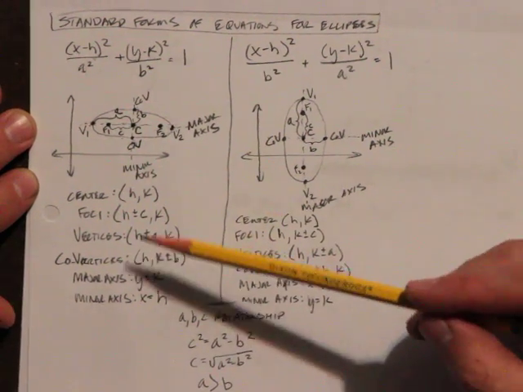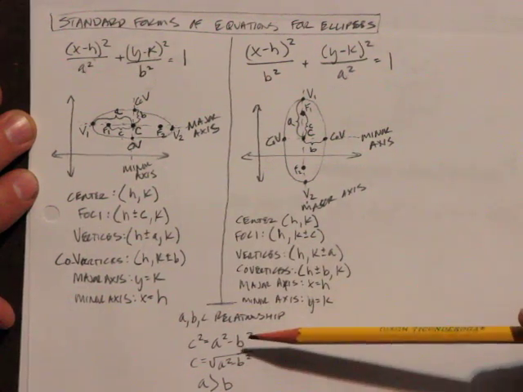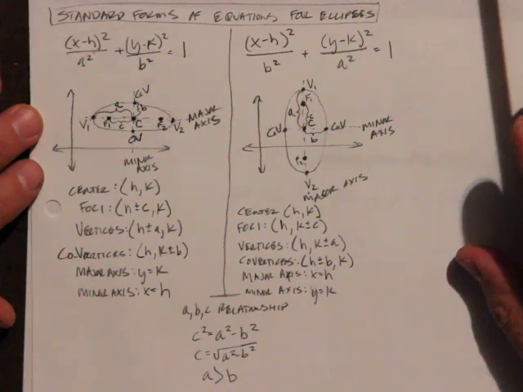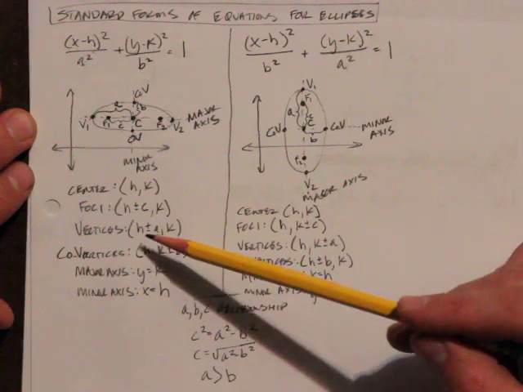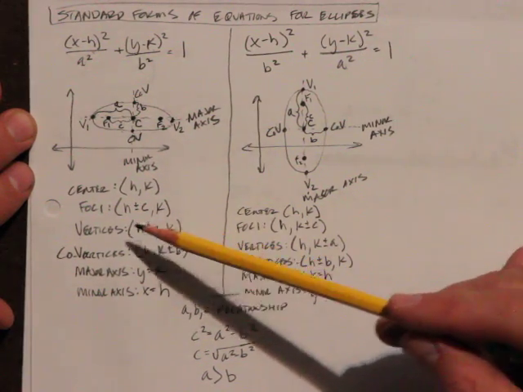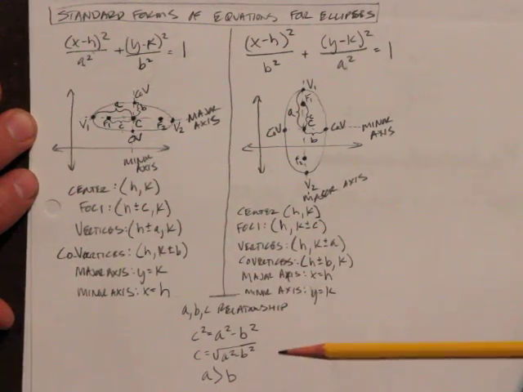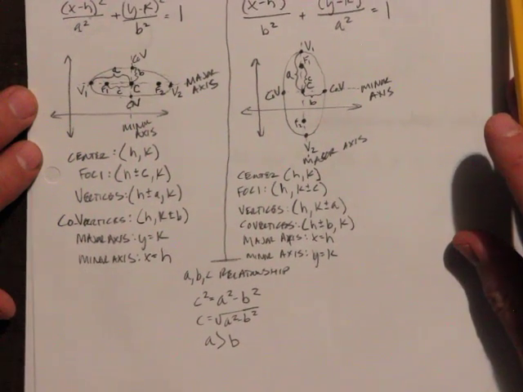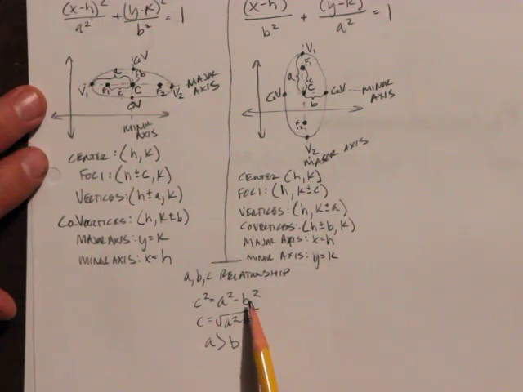All right, now you've got all of this jargon, and it's all good stuff, but a lot of it we're not totally going to use. We're going to use it in concept, but we might not write h plus or minus a, k when we find our vertices. You'll see as we do some examples. One thing you might have missed down here at the bottom: a is greater than b in this a, b, c relationship.